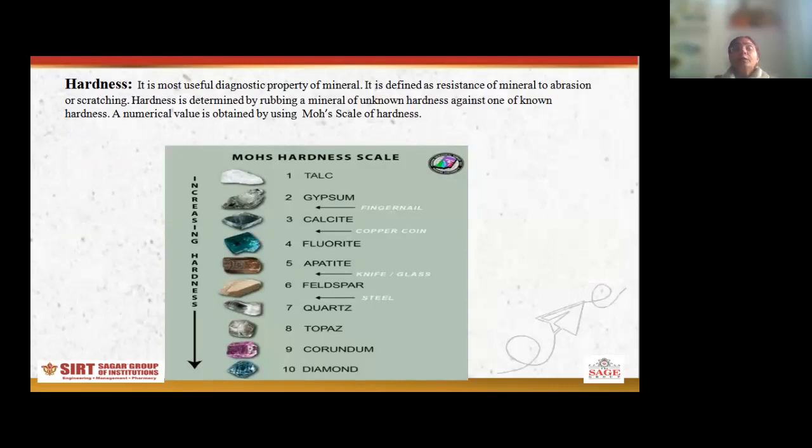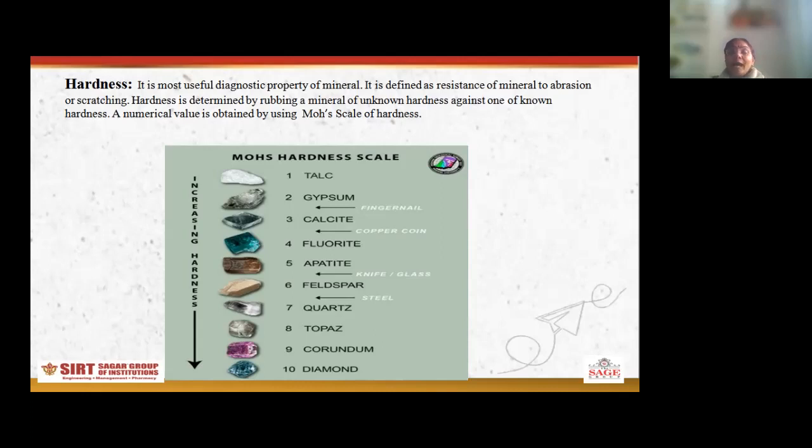It is the most useful diagnostic property. It is defined as the resistance of a mineral to abrasion or scratching. When we scratch the mineral, on the basis of scratching we can determine the hardness of the mineral. And here the Mohs scale of hardness is given in your picture. According to Mohs, he categorized some minerals on a scale of 1 to 10.